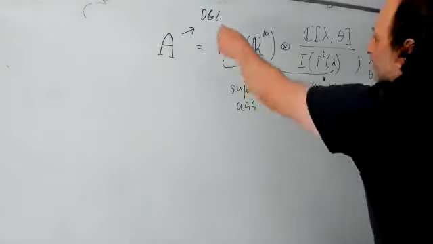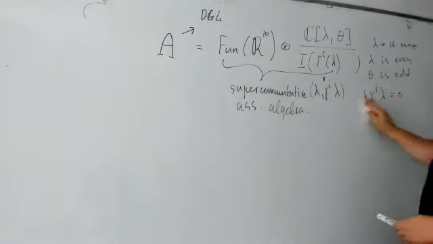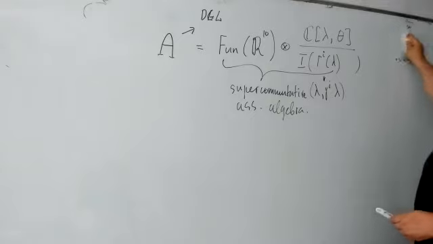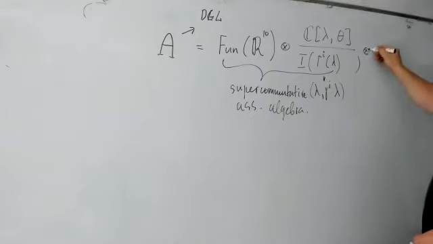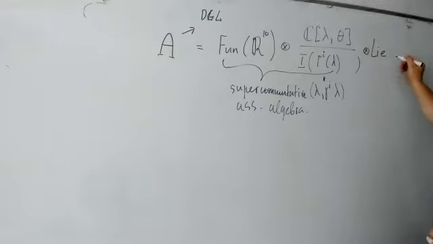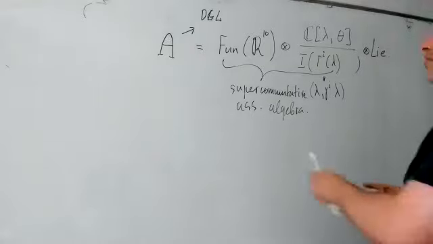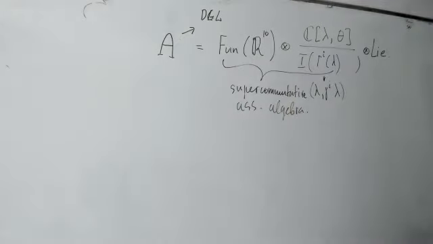To get DGL, we need to multiply it by some Lie algebra. So this already forms DGL.